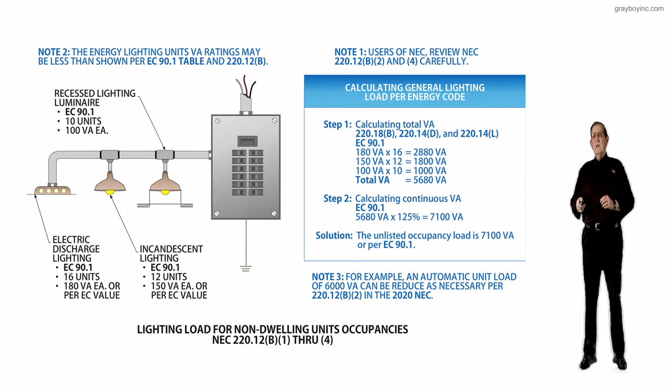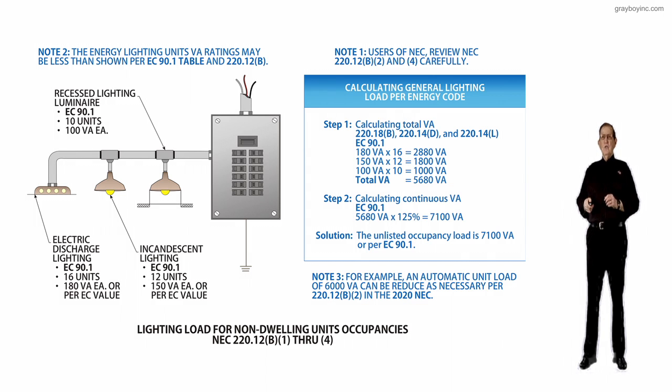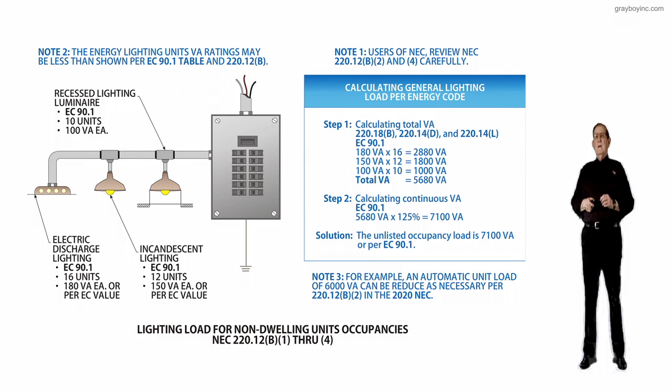So again, we come up with 19,500 VA. The solution, the total load, is 19,500 VA. And if inspectors don't require the 125% added on, then notice we're done because the table contains the 125% already.